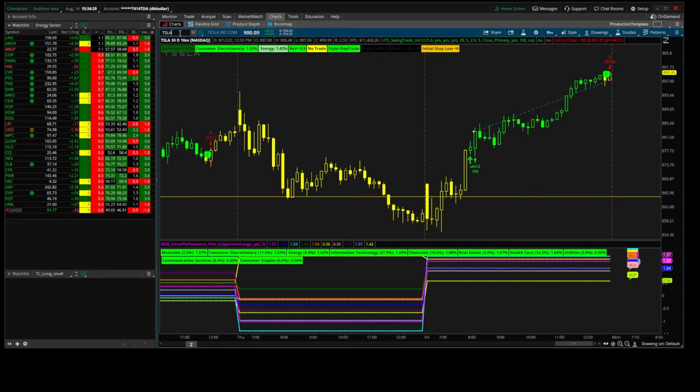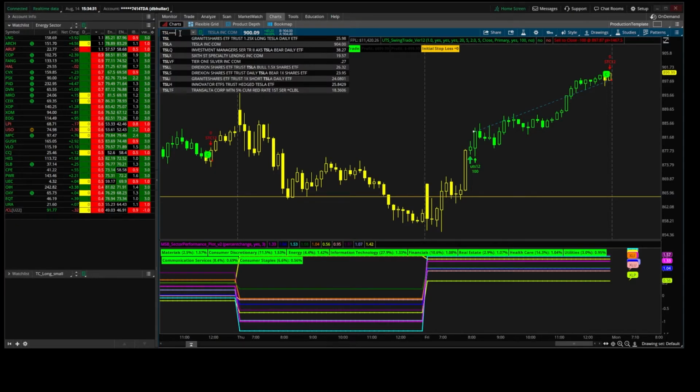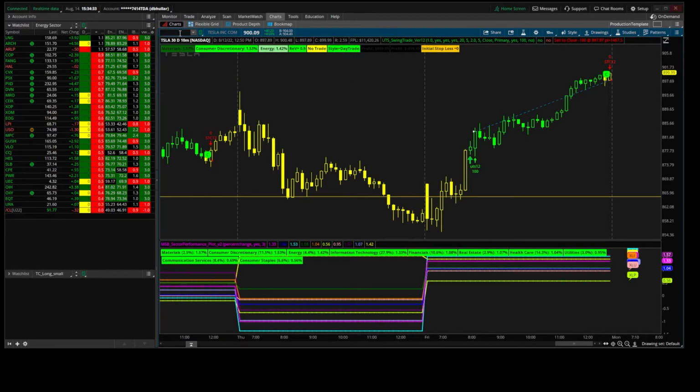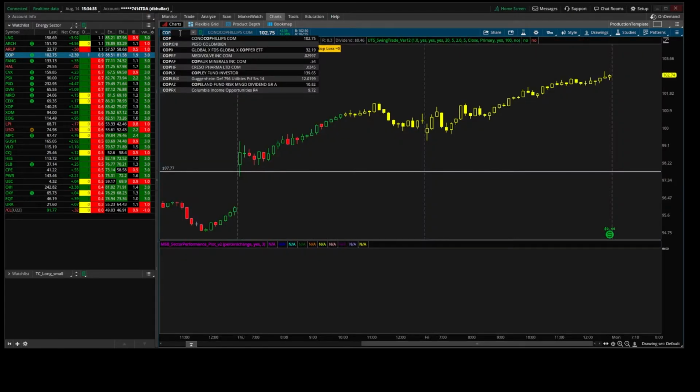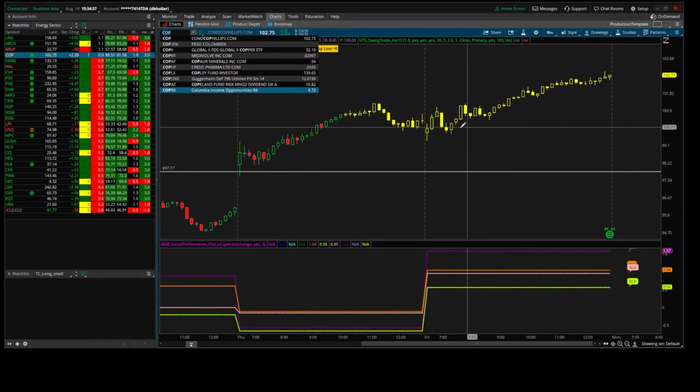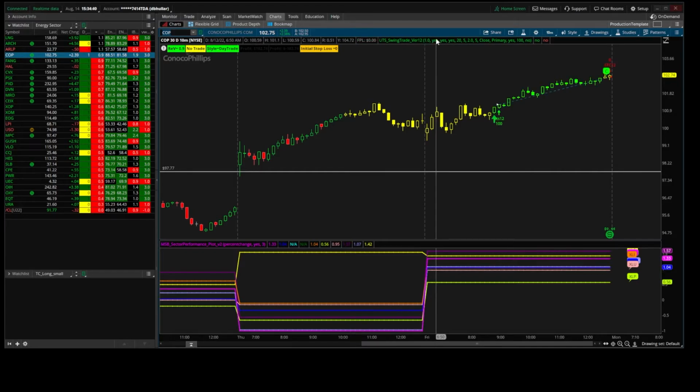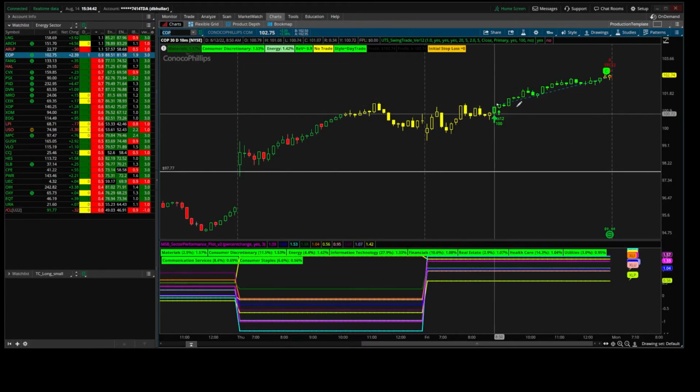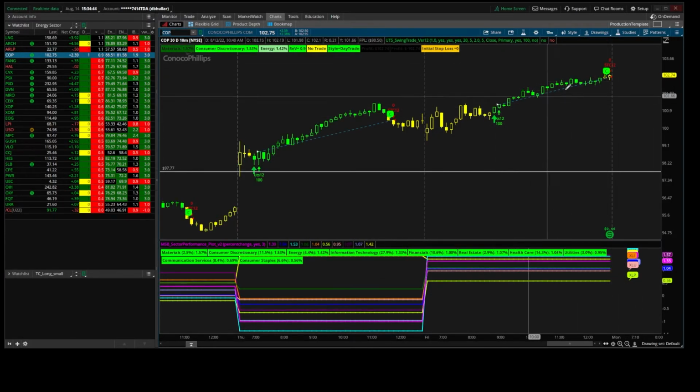Again, energy was also another good sector on Friday, and one of the stocks that had a buy signal was ConocoPhillips from the energy sector, and this also triggered a buy. And both of these trades were trades that I took, and I did call them out in our Discord room as well.